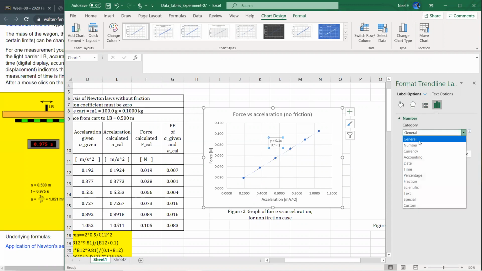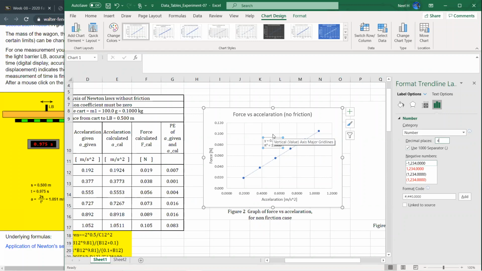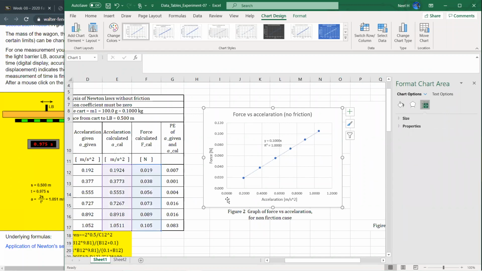Go in there, click on the number, change the decimal place to about 4, because if I have only a second decimal, then the error is going to be so high still, right? I need to make sure of exactly the number we're looking at, so it's better if we have more decimal places there to make sure the number is correct.